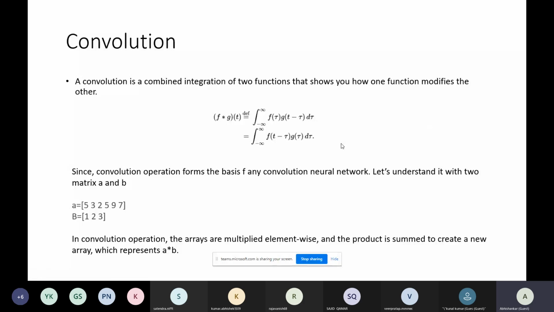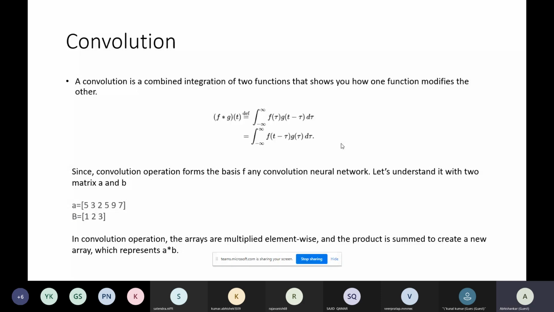So this is integration, and integration you can think of as a sum. If you write this in terms of summation, tau runs from minus infinity to infinity, same thing: f of tau, g of t minus tau. I have not written the summation form here, but this is the thing.